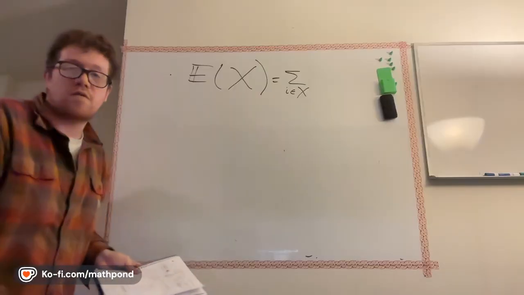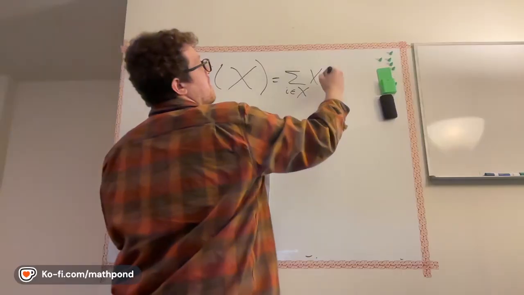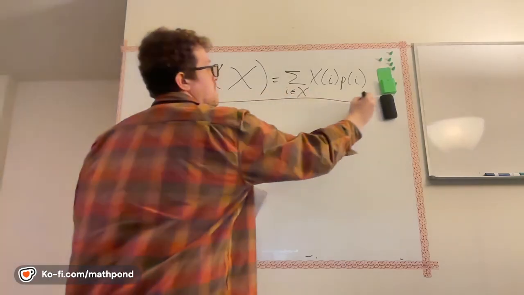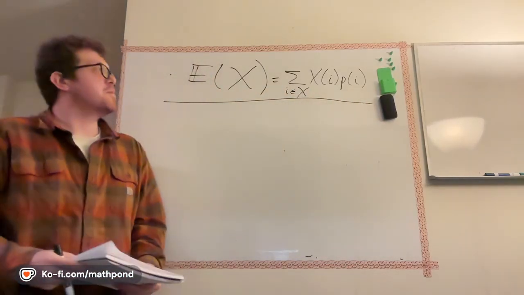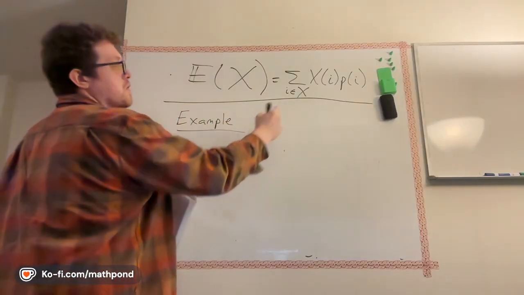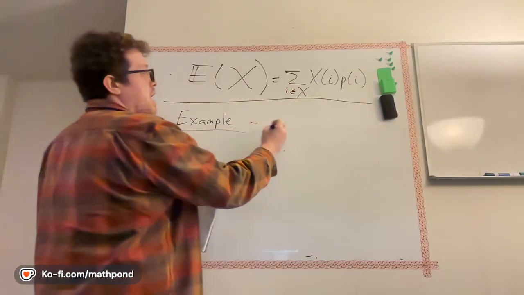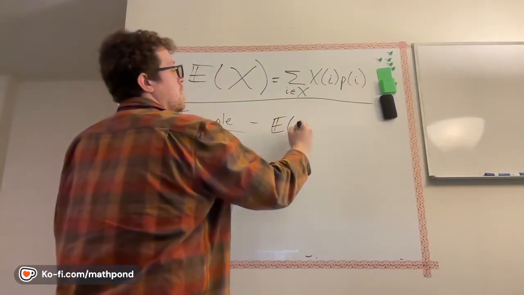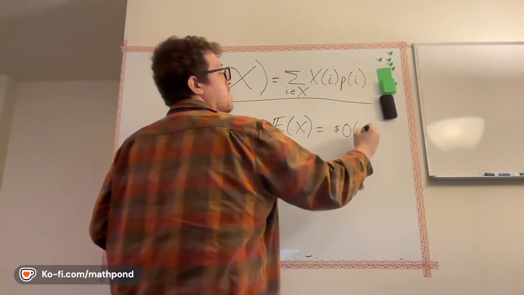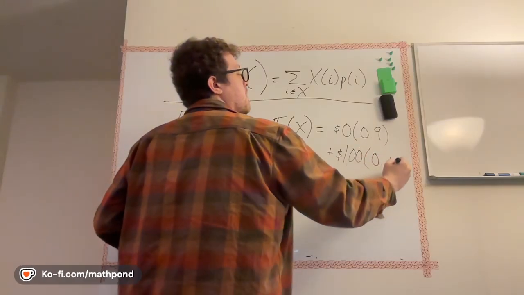So each event, I sum over the events that can happen. Basically, the value of that event times the probability that that event happens. And then I add all of those up. So for the example we were just looking at, there's only 2 events, so there's only 2 elements in the index, the sum. And so the mean for us was, well, you could either get the value of 0 with probability 90%, or you could get the value 100 with probability 0.1. So this is just 10.